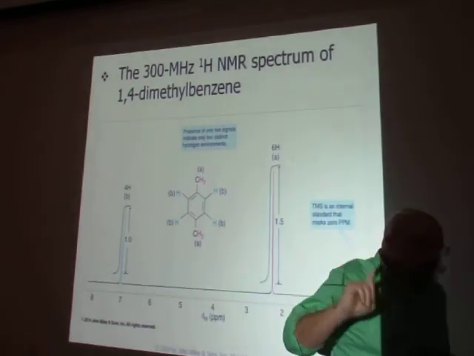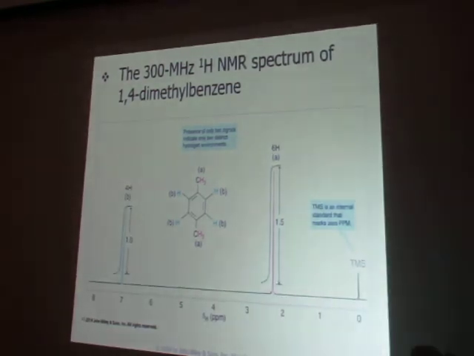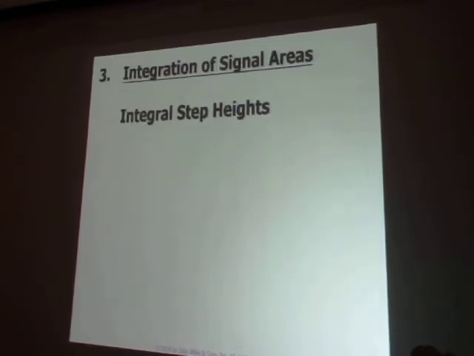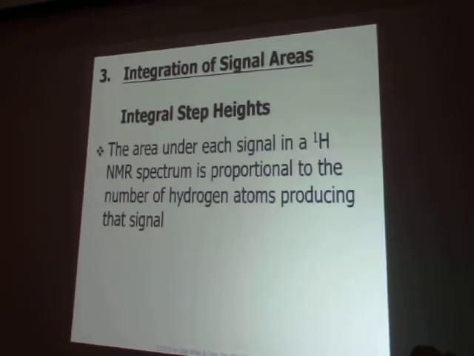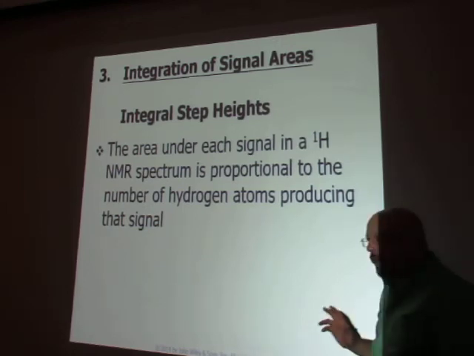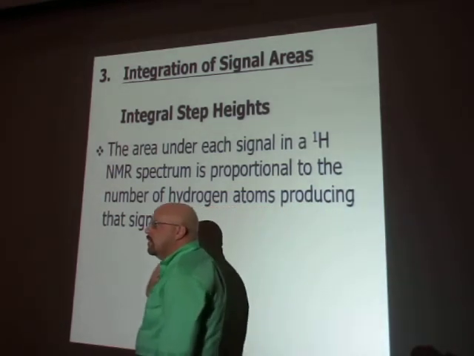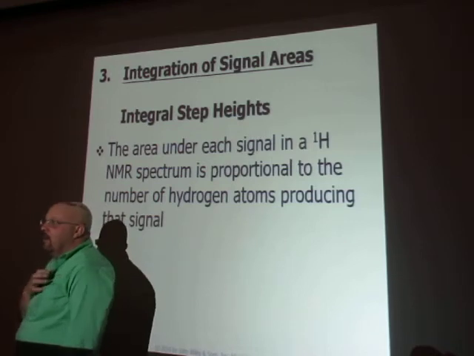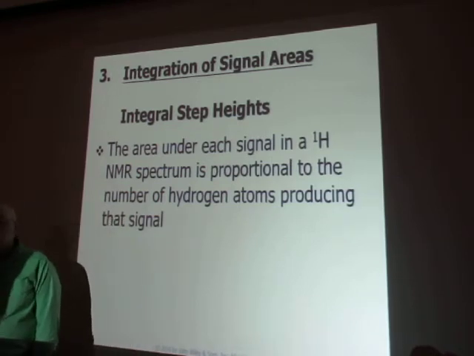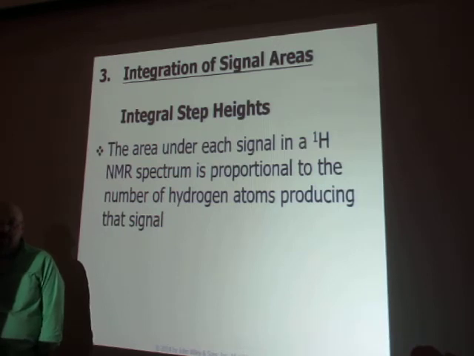Your integration is giving you the area under the signal. You're going to measure the area under each signal, and that area represents how many protons are associated with that signal.